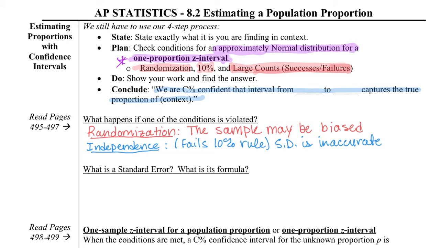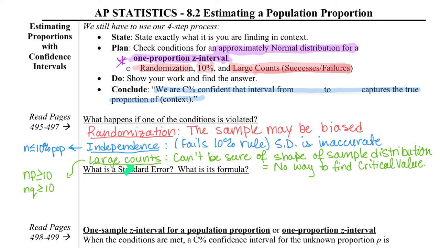If independence is violated, in other words, we're failing that 10% of the population rule, then our standard deviation is going to be inaccurate, since our probability will be changing as the independence changes. Then the standard deviation will constantly be changing its variation, and there's no way we can accurately get a correct standard deviation.